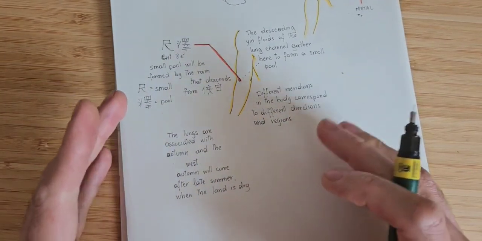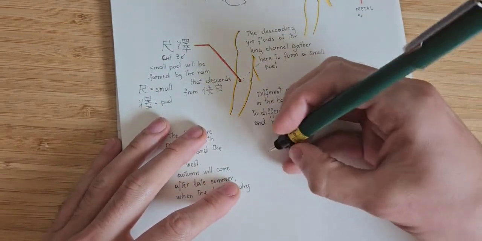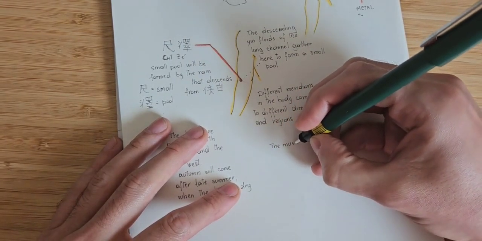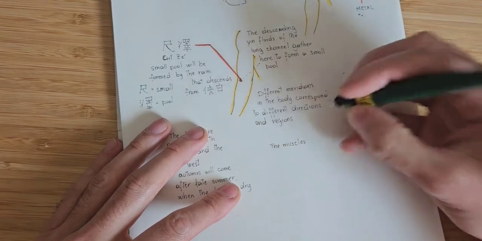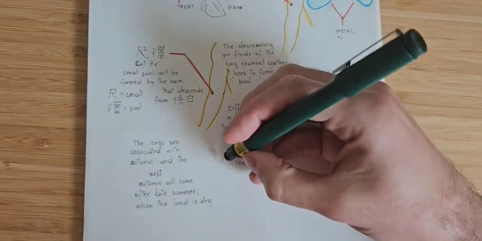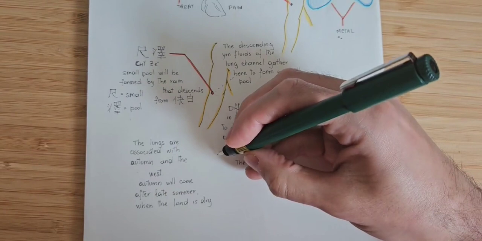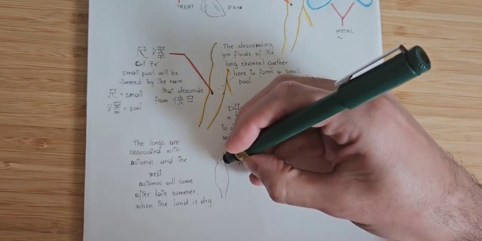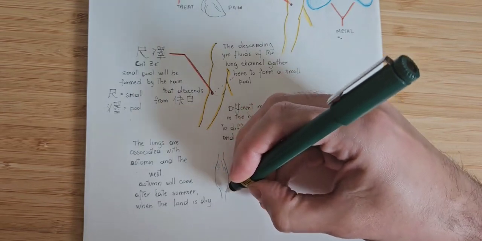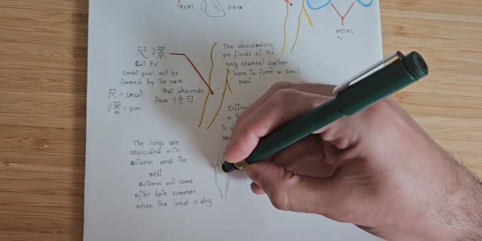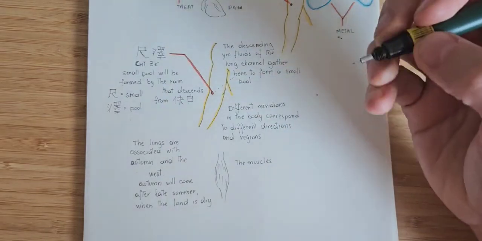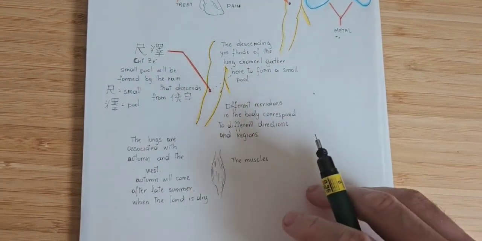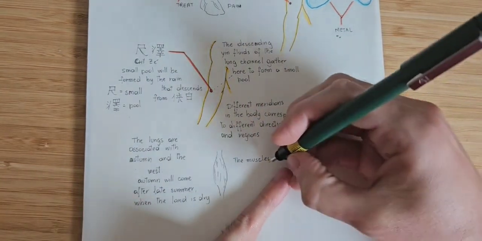And now I need to mention something. The muscles, and here I'm going to make an illustration of a muscle here. The muscles are governed by the spleen.